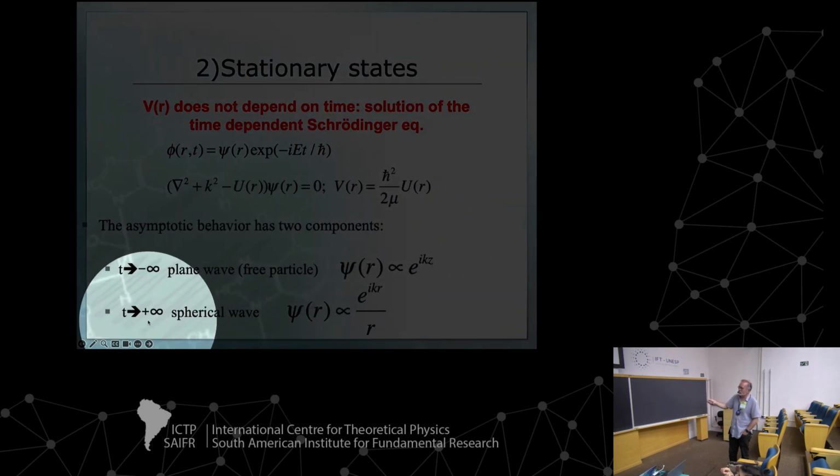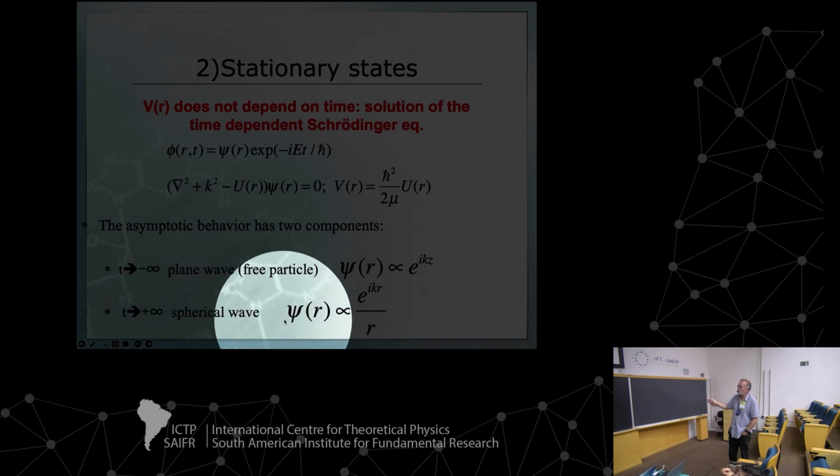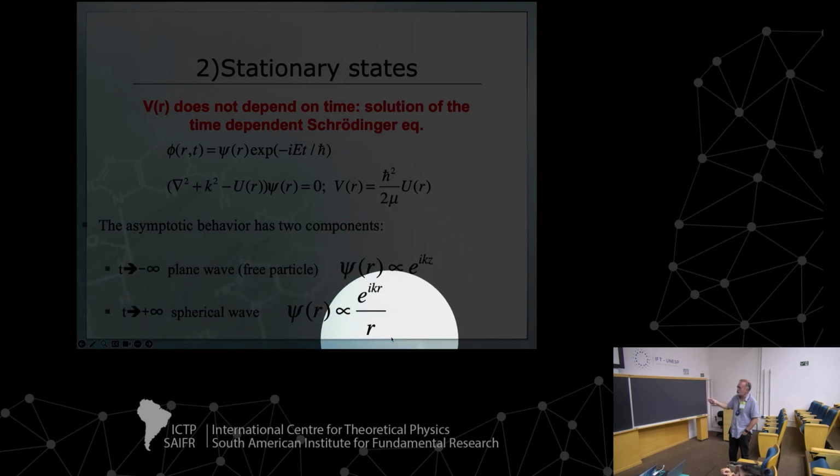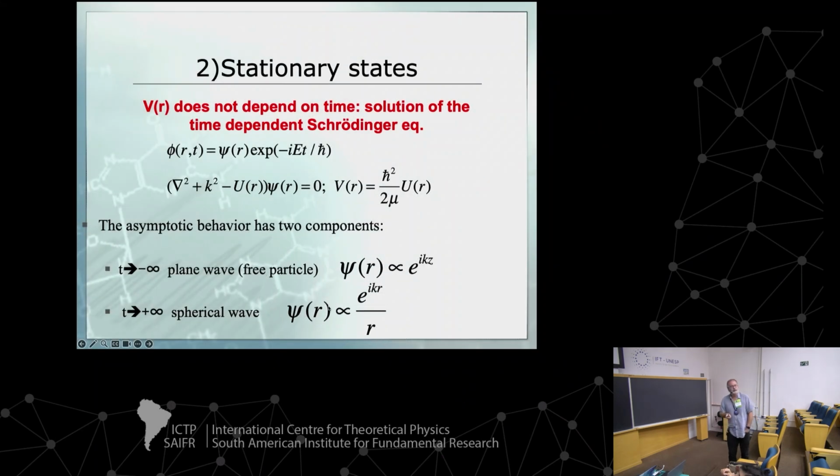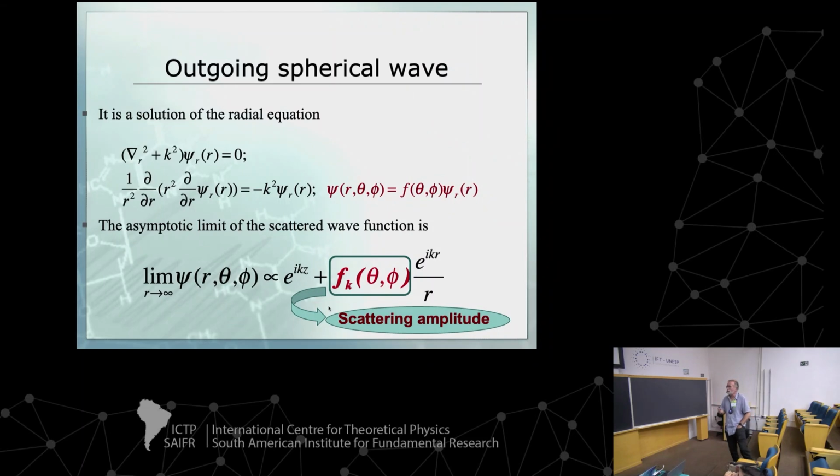And in the limit of plus infinity, a spherical wave that is proportional to this. That means a free particle that is incident comes as a plane wave, gets out once it is dispersed as a spherical wave. You can get that simply by analyzing the behavior of the Schrödinger equation in these two limits. So we already know quite a bit about this.